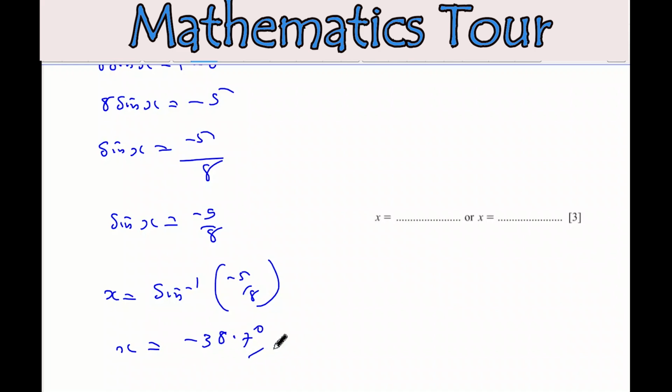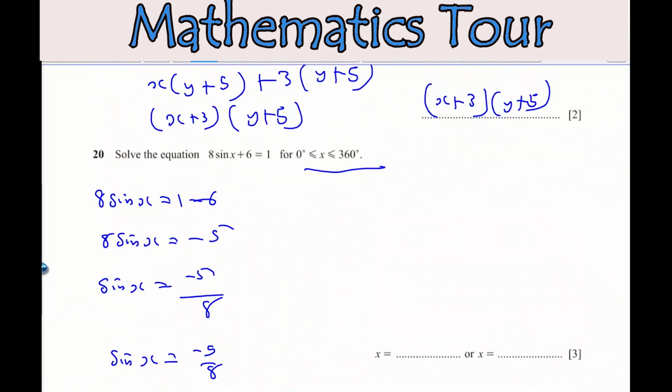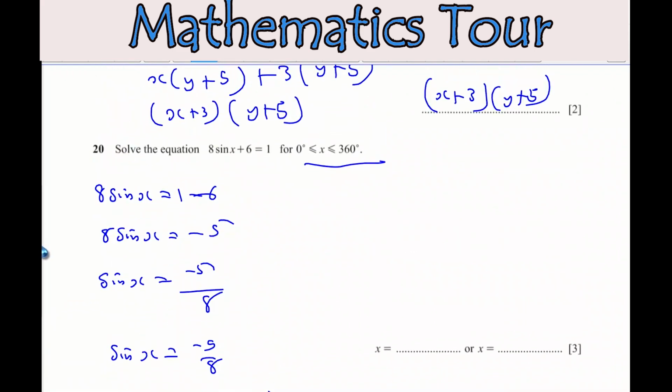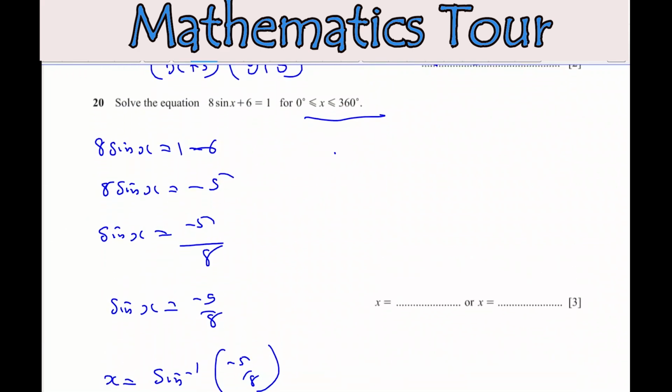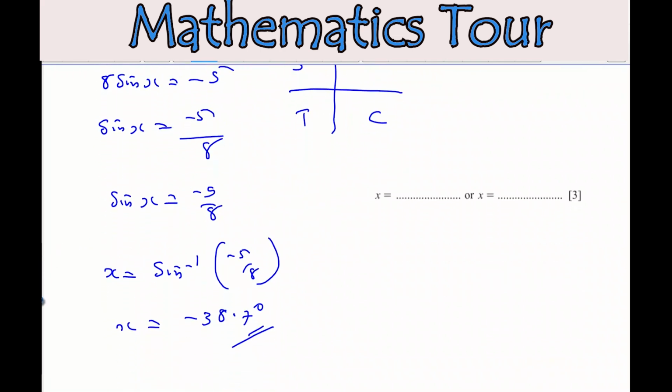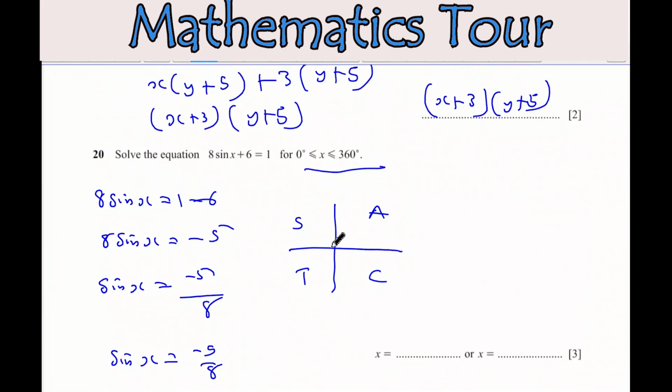So x will be equal to negative 38.7 degrees. But x can never be this because it's outside this range. We need positive numbers. So let's draw the 4 quadrants. All students take calculus. Currently we got negative 38.7. Let's go to where sine is negative.